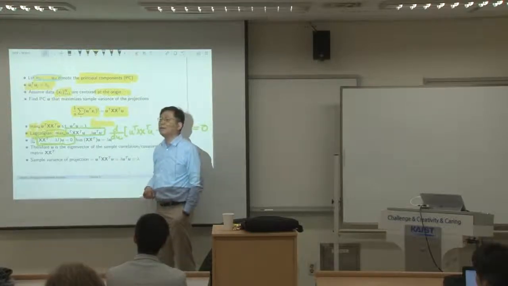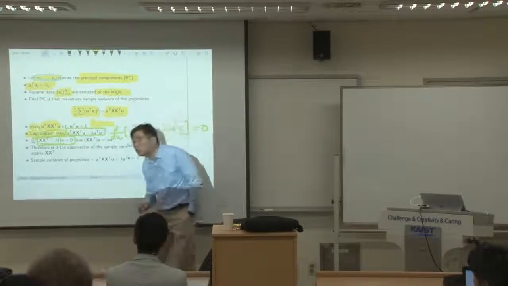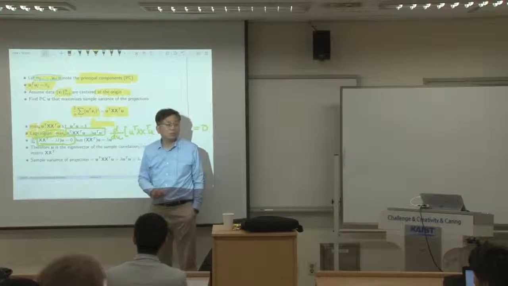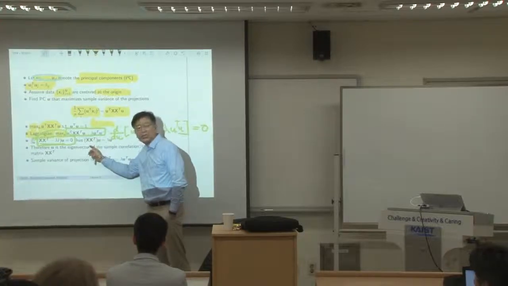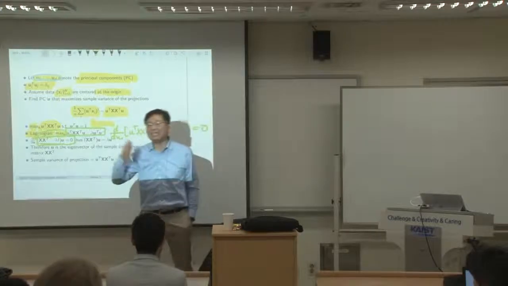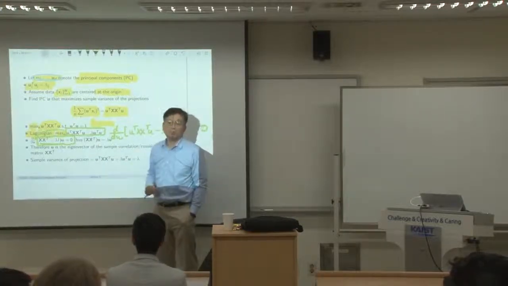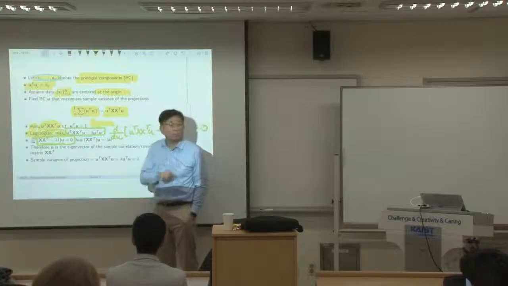Now, because this is a symmetric matrix, what are the U's? This is D by D, and it's full rank, so how many distinct eigenvalues would I get? D of them. D distinct eigenvalues and eigenvectors, because it's full rank.